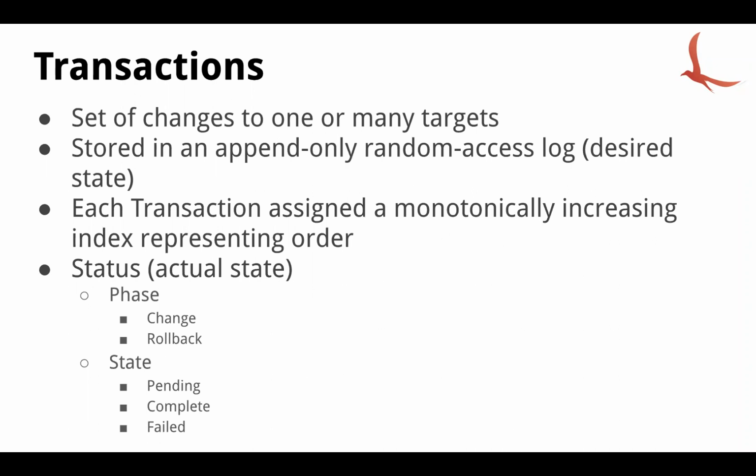So first is basically a rename of network change to transaction. Well, I guess there are two changes here. So devices becomes targets, which are basically the objects in topo that are being used to represent objects on the southbound that we're configuring.